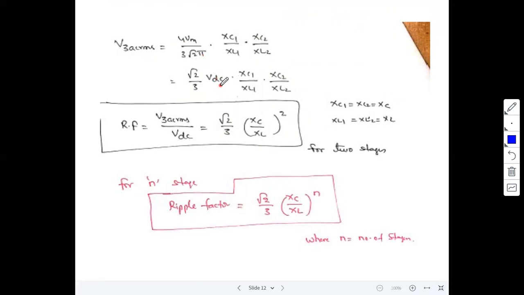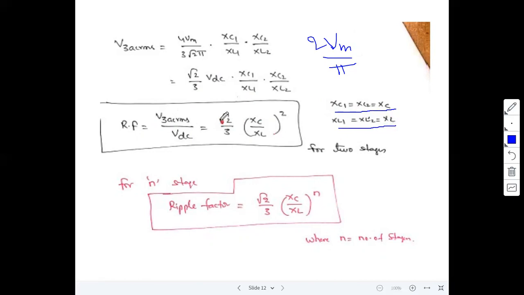That is equal to VDC, because 2 Vm by pi is equal to VDC, as we already know. Further simplified, the ripple factor is V3 AC RMS by VDC, equal to root 2 by 3, if XC1 is equal to XC2 equal to XC, and XL1 is equal to XL2 equal to XL.